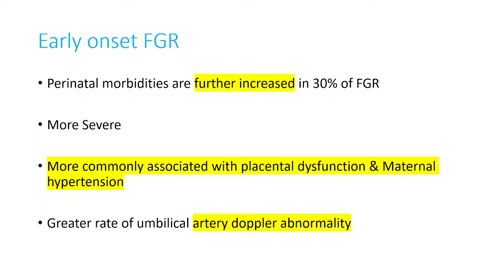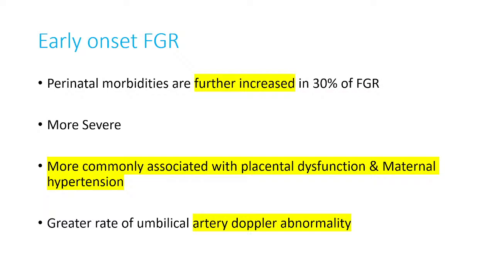So, what is the speciality of early onset FGR? As I already told, less than 32 weeks is early, more than 32 is late. Early onset FGR is more dangerous than late onset FGR, because here perinatal mortality and morbidity increase by 30% more than in late onset FGR.